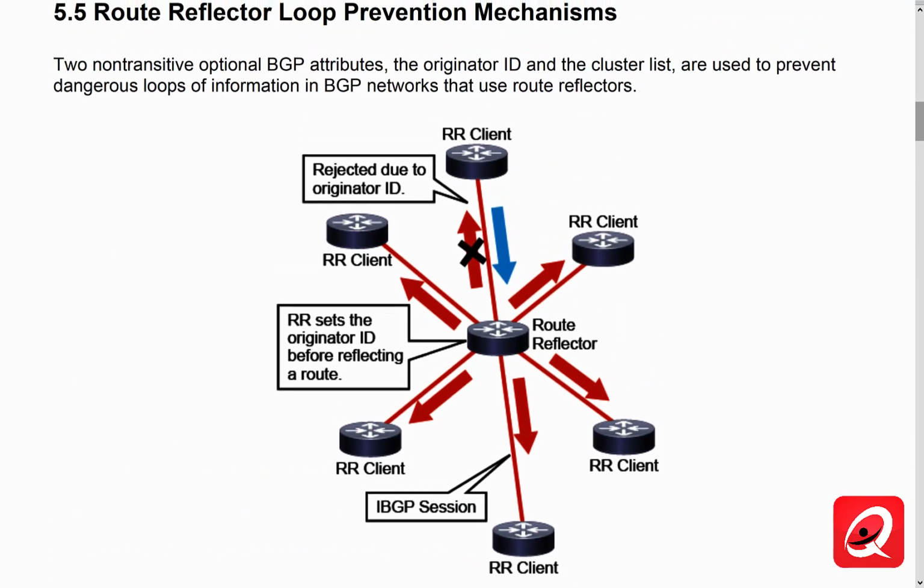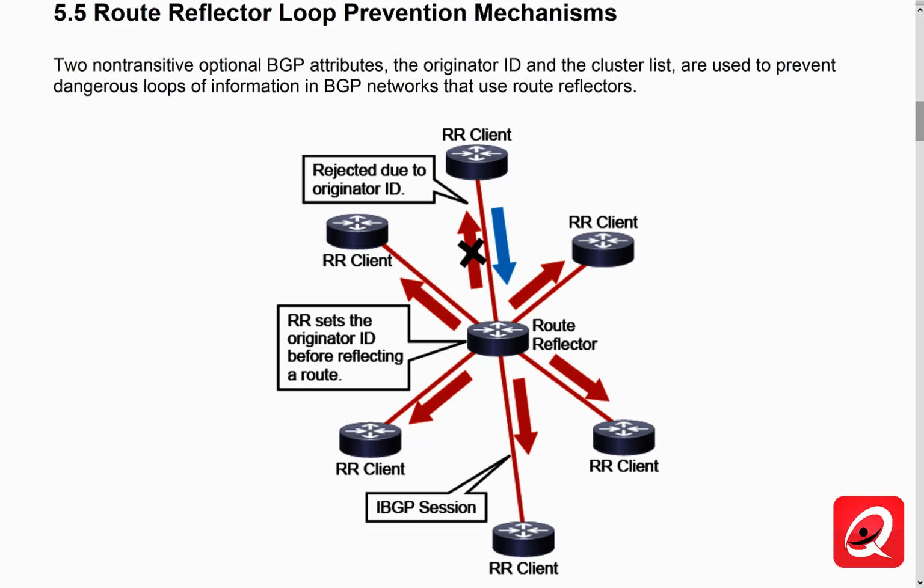And I mentioned this previously when we were talking about this, maybe 20 or 30 minutes ago. But a router that is receiving an iBGP update or an iBGP route with the originator ID set to its own router ID is going to ignore that particular route. Very, very simple concept.